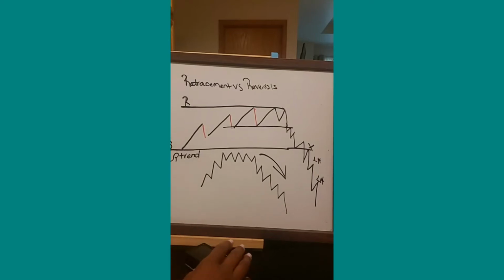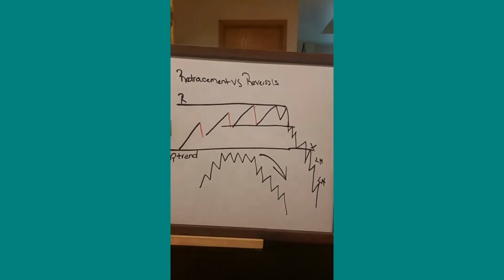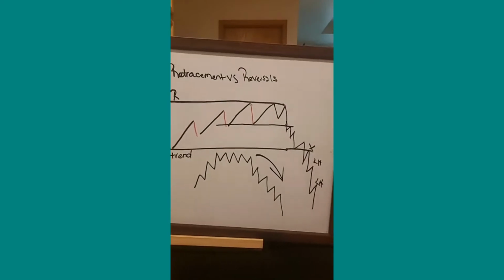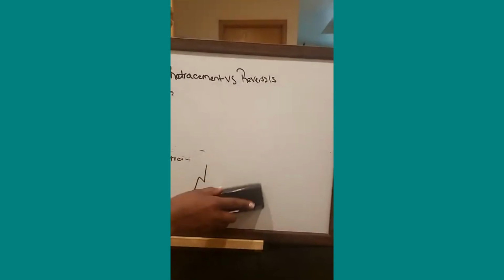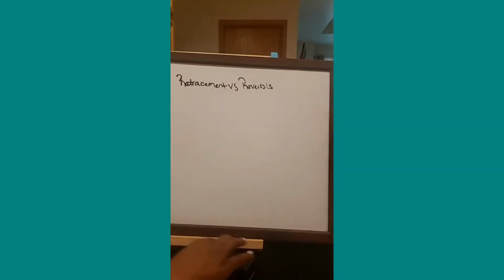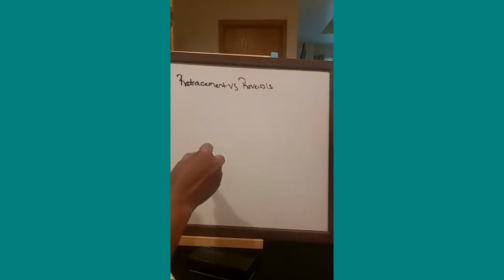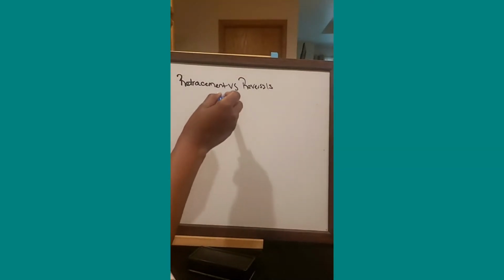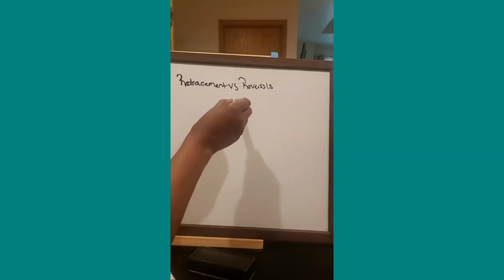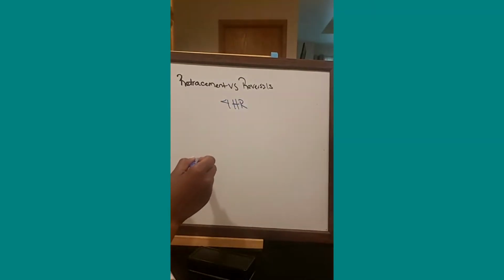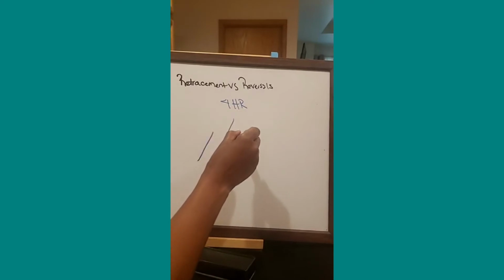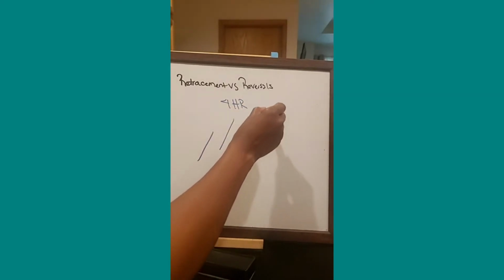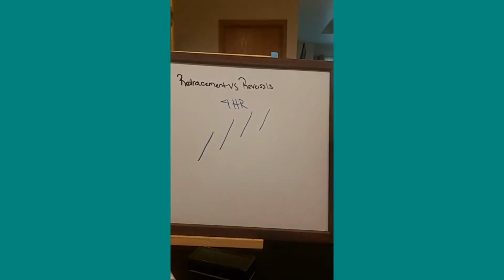Now, let me explain, and I'm sure I did this in another video, but I'm going to do it in this one too, because I don't want you to be confused. All right, so if I am in an uptrend, I look at my higher time frame, say I trade the 4 hour chart, and I'm making a series of higher highs.